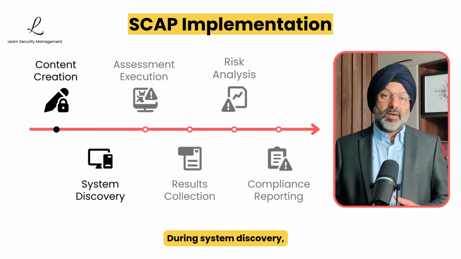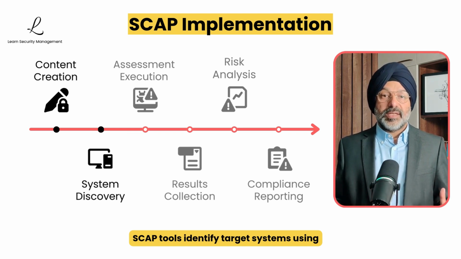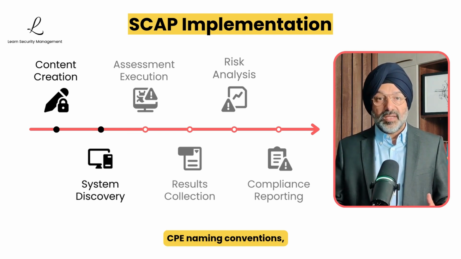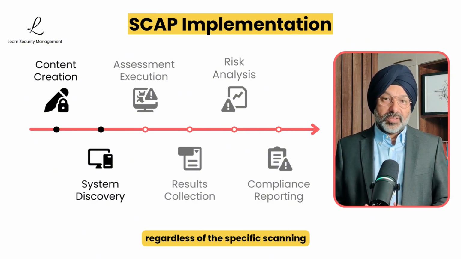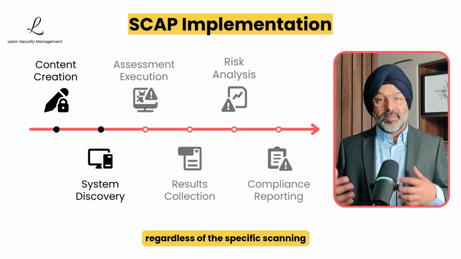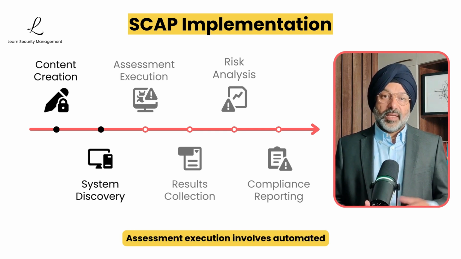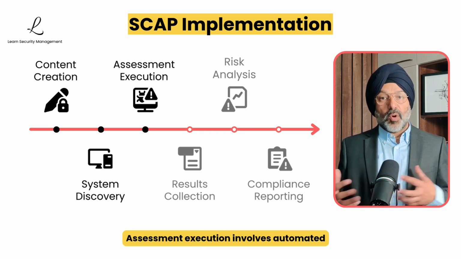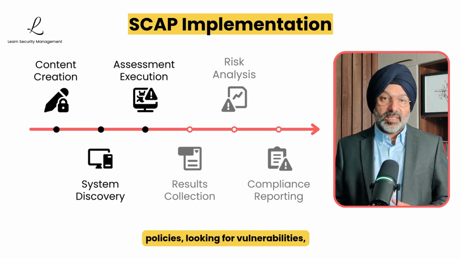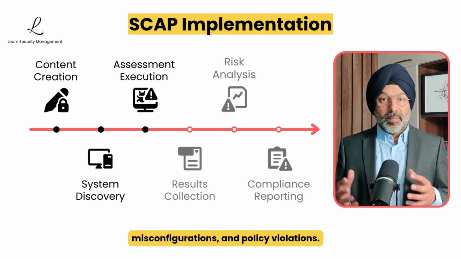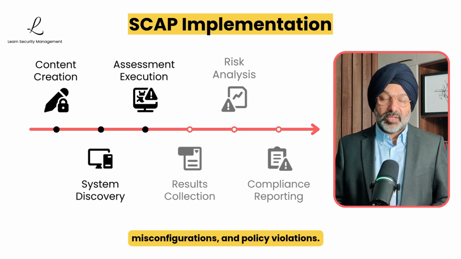During system discovery, SCAP tools identify target systems using CPE naming conventions, ensuring accurate system identification regardless of the specific scanning tool being used. Assessment execution involves automated scans that check systems against the defined policies, looking for vulnerabilities, misconfigurations, and policy violations.